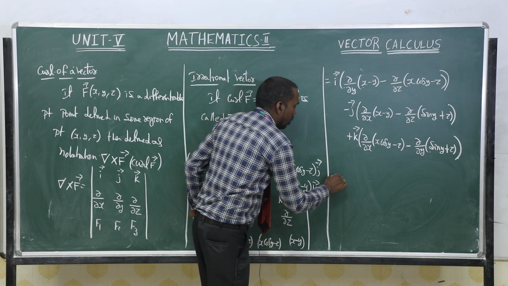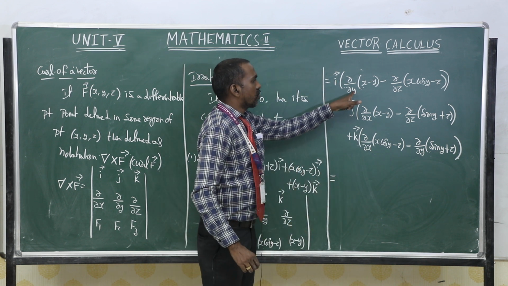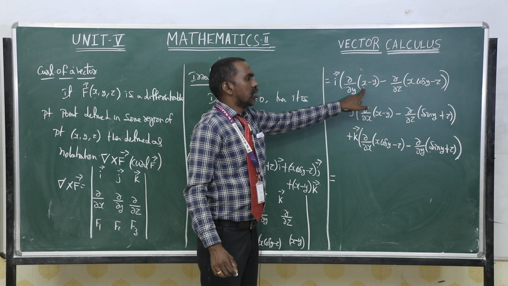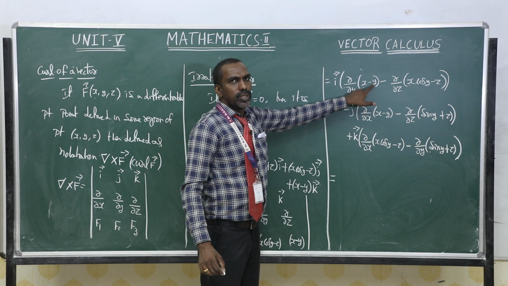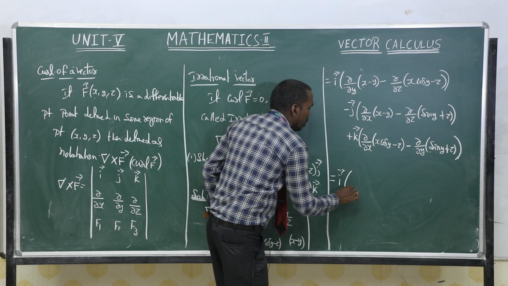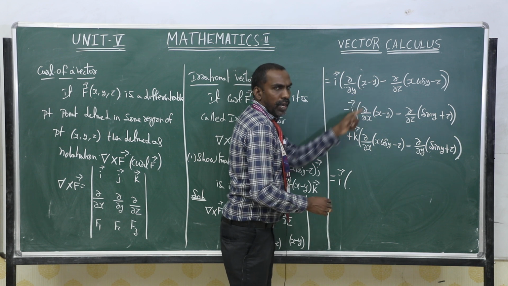Next we find the derivatives. Dou by dou y of x minus y is 0 minus 1, so i vector of 0 minus 1.